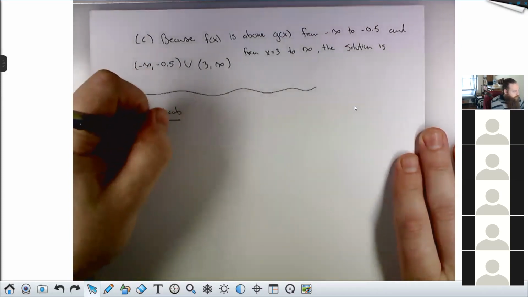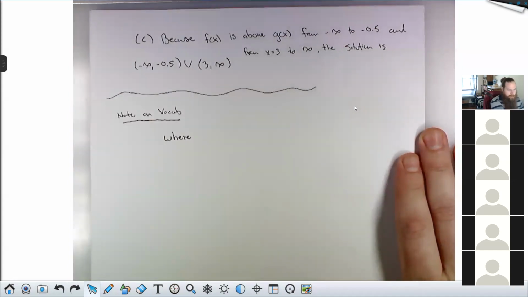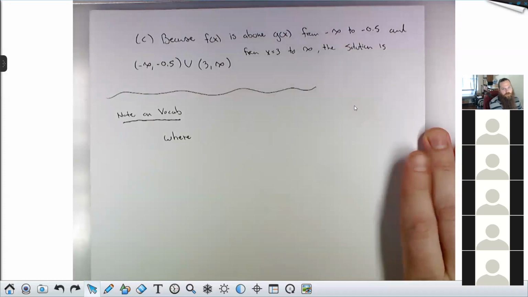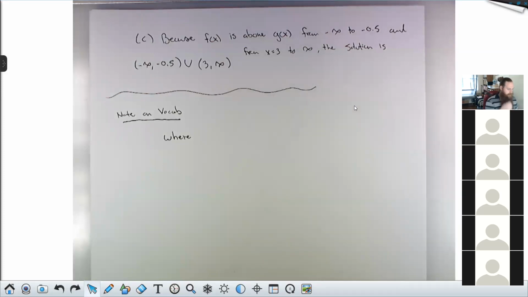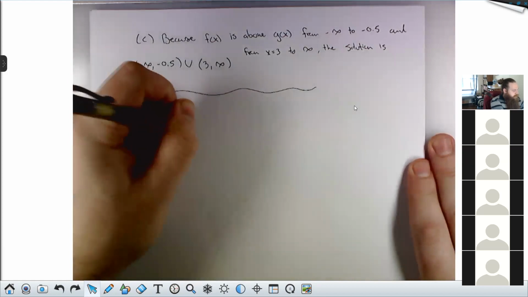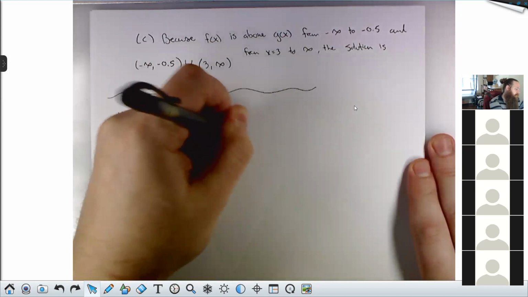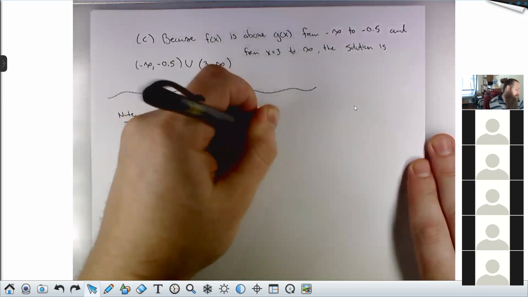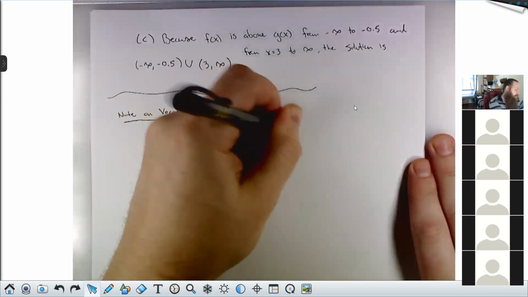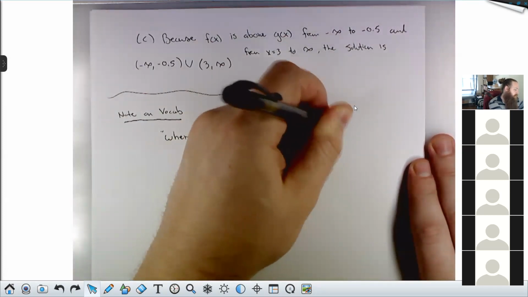The word where, if I ask, where does something happen? Where is f bigger than g? Where is the max? Where is the min? The word where is always asking for what inputs, i.e. x values.